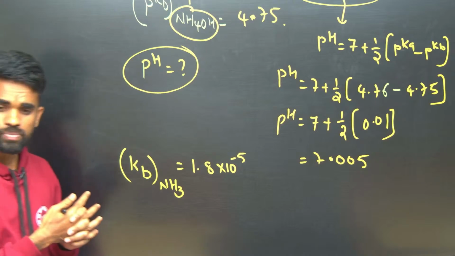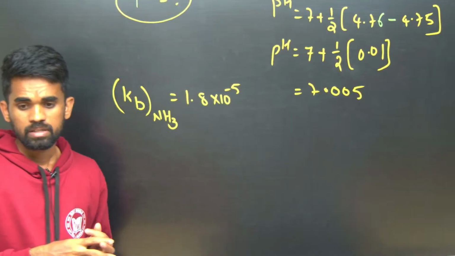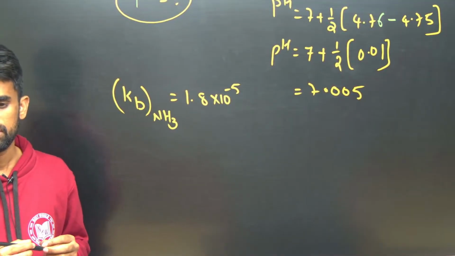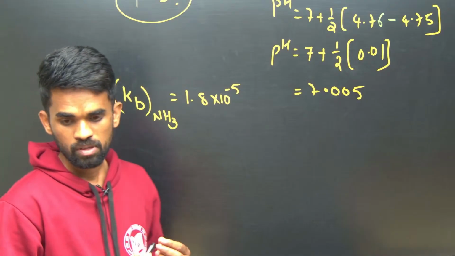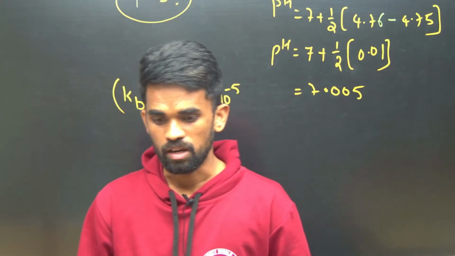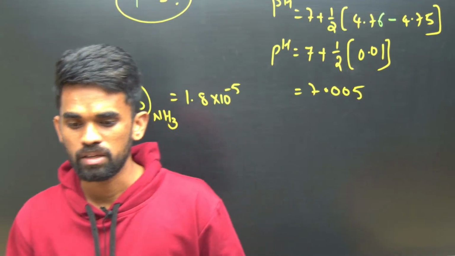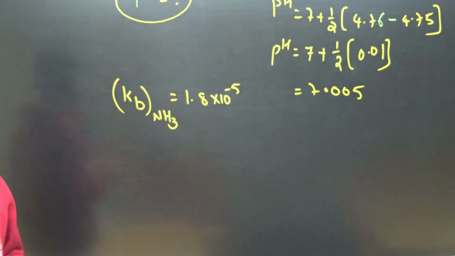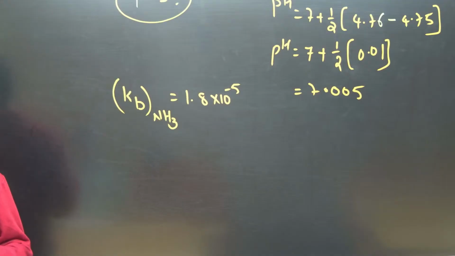So how to do it? I will give you the clarity of the concept. Tell me: 7 minus half pKb plus log C. But here they give Kb, so we should convert it into pKb, which is minus log of Kb, so 5 minus log 1.8.